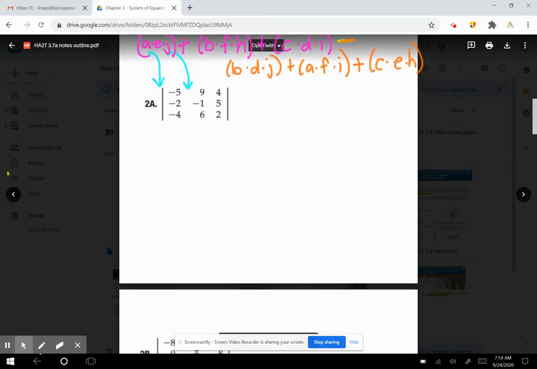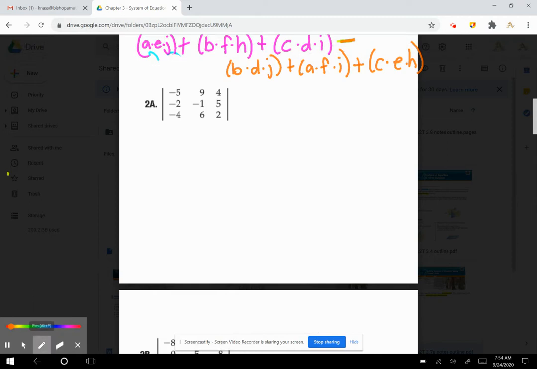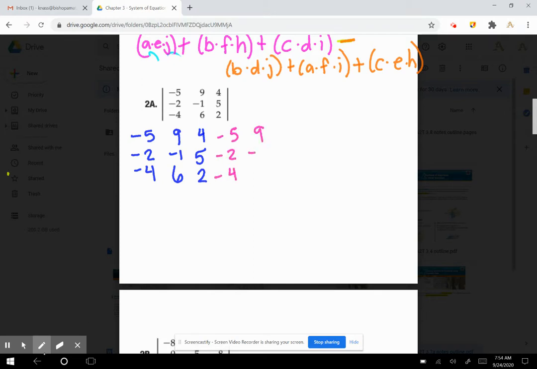2A. We're only going to do one of these. Okay, so rewrite those first two columns. Now I'm going to write this bigger, and then rewrite those first two columns. Now it's time to multiply.